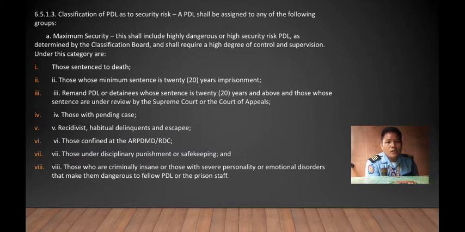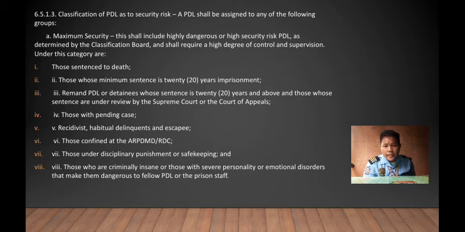Inside of this, inmates are those sentenced to death, those whose minimum sentence is 20 years imprisonment or reclusion perpetua. Then remand PDL or detainees whose sentence is 20 years and above, and those whose sentence is under review by the Supreme Court or the Court of Appeals.